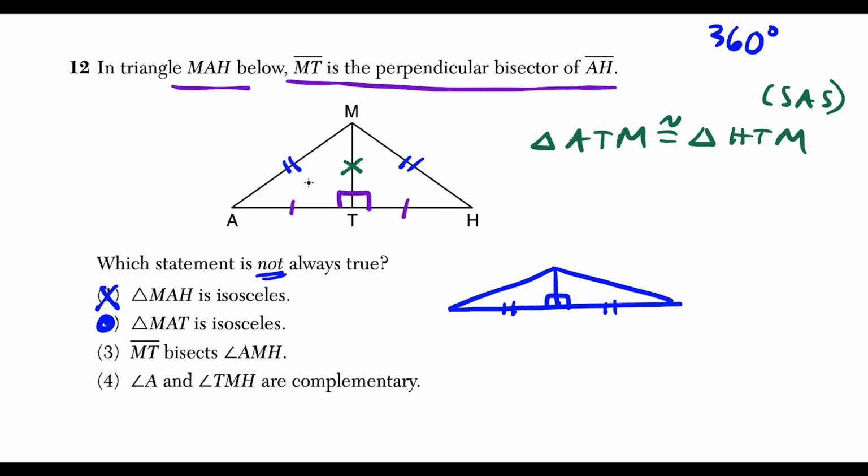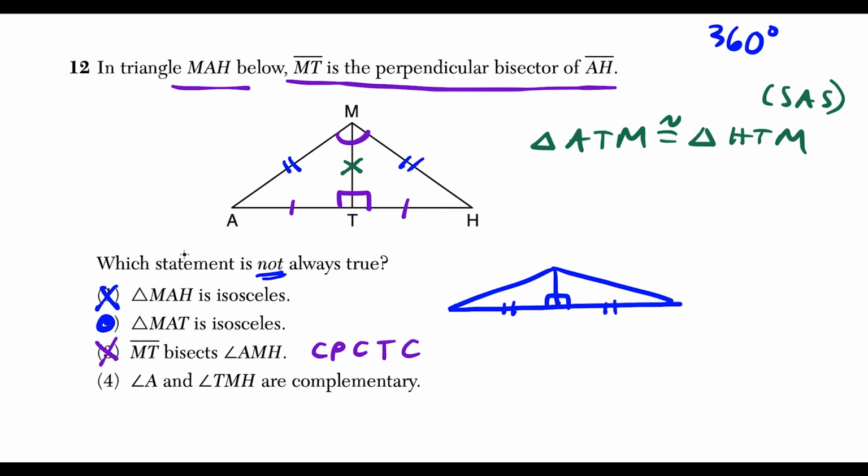But just to feel safe, we'll say why the other ones have to be true. MT bisects angle AMH. Well, because these two triangles are congruent, AMT is congruent to HMT. These two angles are the same because corresponding parts of congruent triangles are congruent. Okay, so this is definitely a bisector because those two angles have to be the same.